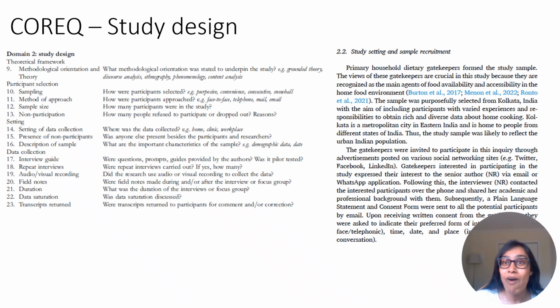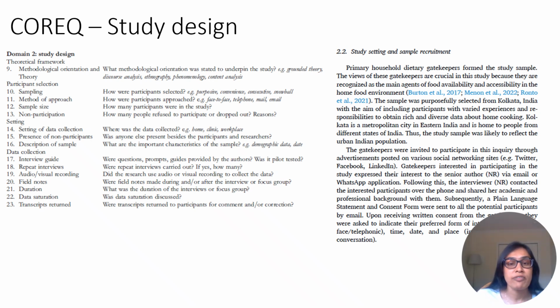That's allowed because the aim of qualitative research is not to generalize, it is to generate in-depth information about the topic under investigation. So no need to worry, you can go ahead and use non-probability sampling techniques like convenience, purposive, and snowballing.